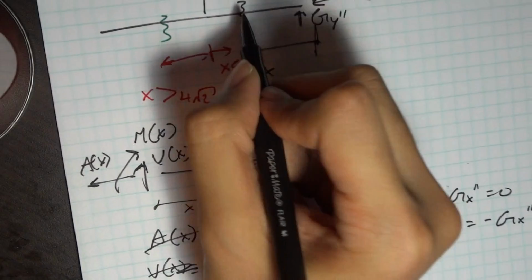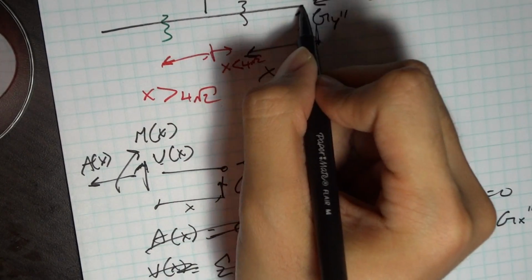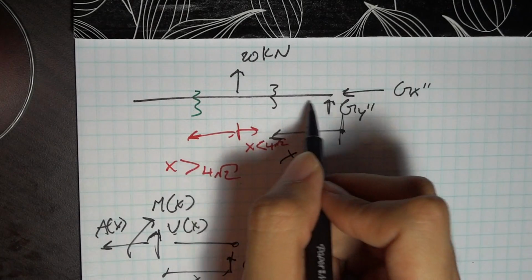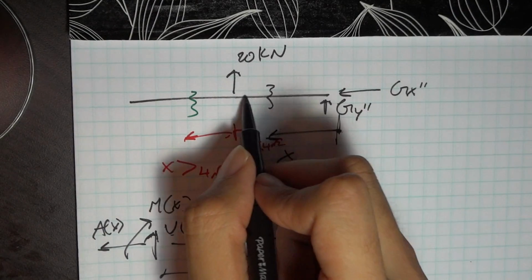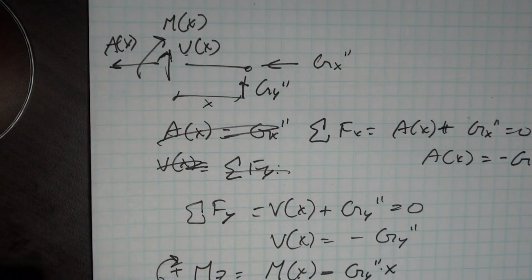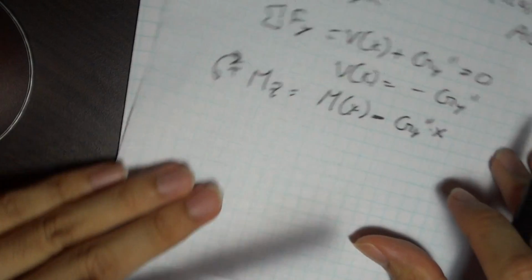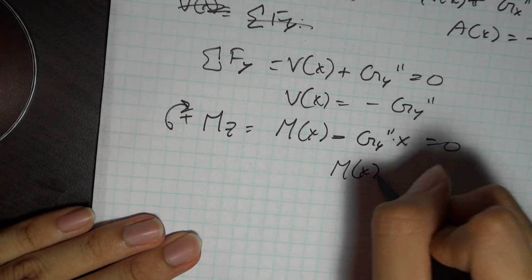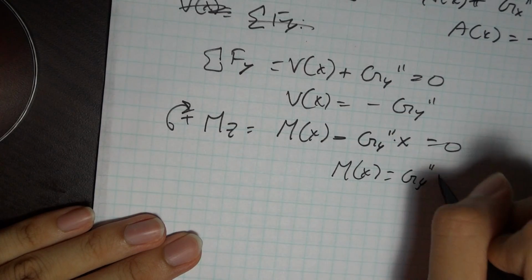I don't know how far I am. I could be here, here, here, here. I'm some distance x away from the reaction. I'm just between the reaction and the load. I'm somewhere in this line. So I had to multiply this force by x. I set this equal to 0, so M of x equals Gy double prime times x.